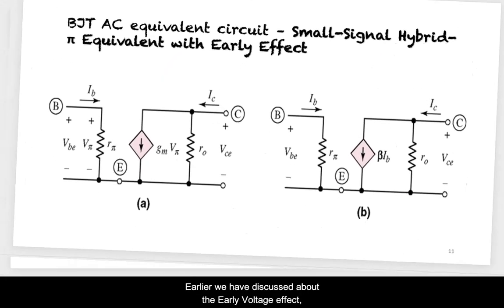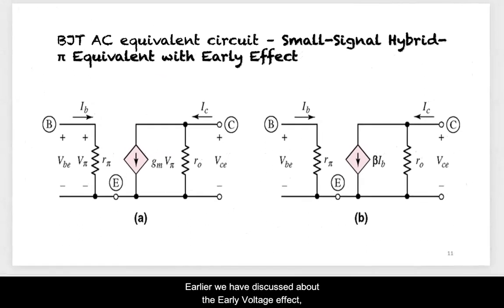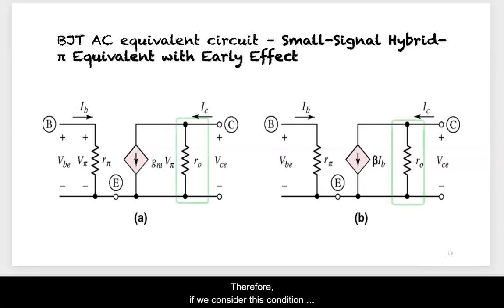Earlier, we have discussed about the early voltage effect, where the collector current does vary with collector emitter voltage VCE. Therefore, if we consider the early effect condition, there will be a resistance at the collector emitter terminals ro, which is called the small signal transistor output resistance.